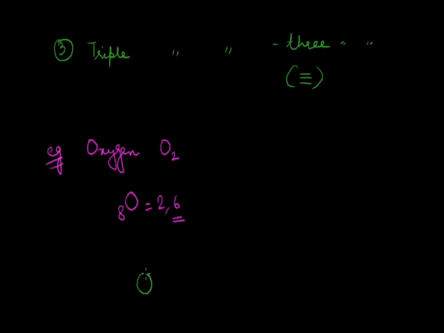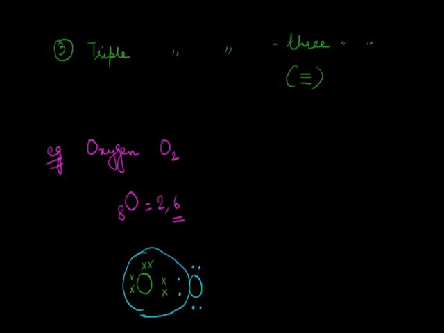This is one oxygen atom. It has 6 valence electrons, and this is another oxygen atom. It also has 6 valence electrons. So this atom will become stable by sharing 2 electrons.